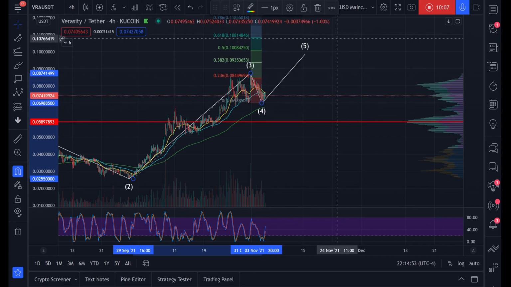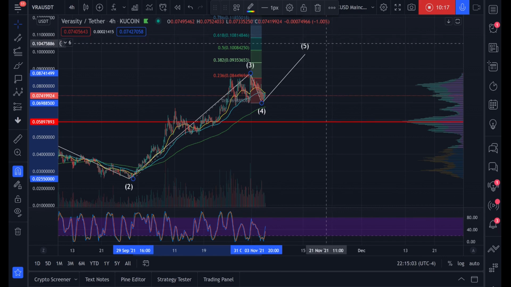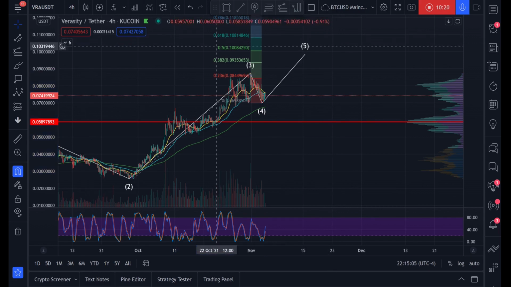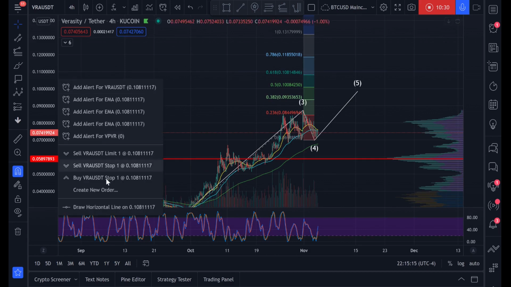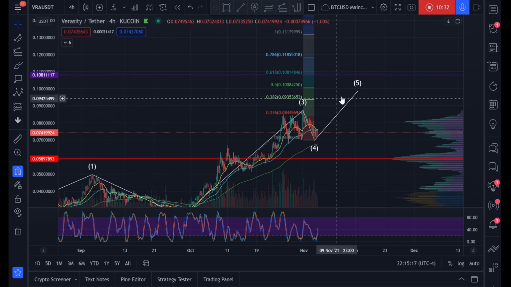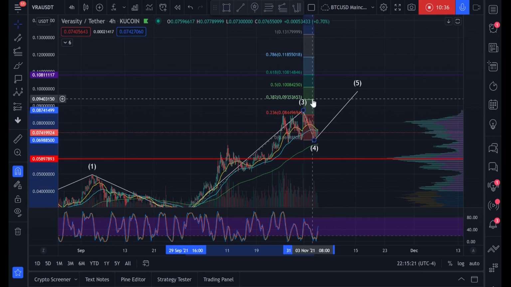And then you take the 618 of that, and that should give you your target. And the target here is 10.8 cents, okay? So let's put a line here just to remind us exactly where it is, because we're going to remove that. 10.8 cents. All right, so we've got a line. So that's one way we can find it, okay?